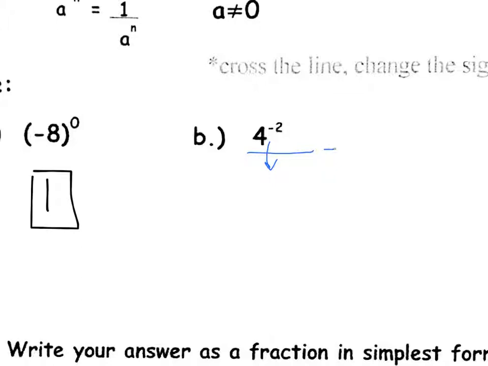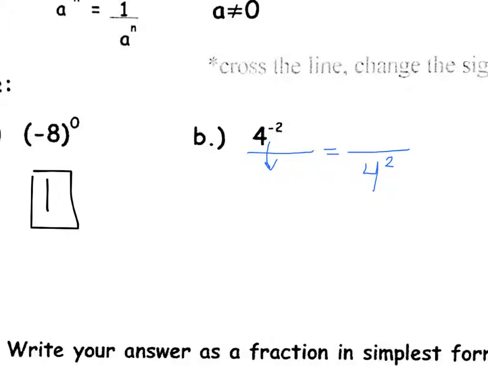So here's your fraction line, but now the 4 is on the bottom. What this does by moving it across the fraction line is it changes your exponent to a positive. Because we can't have negative exponents, this is a solution to getting rid of the negative exponents. Now the exponent is a positive.